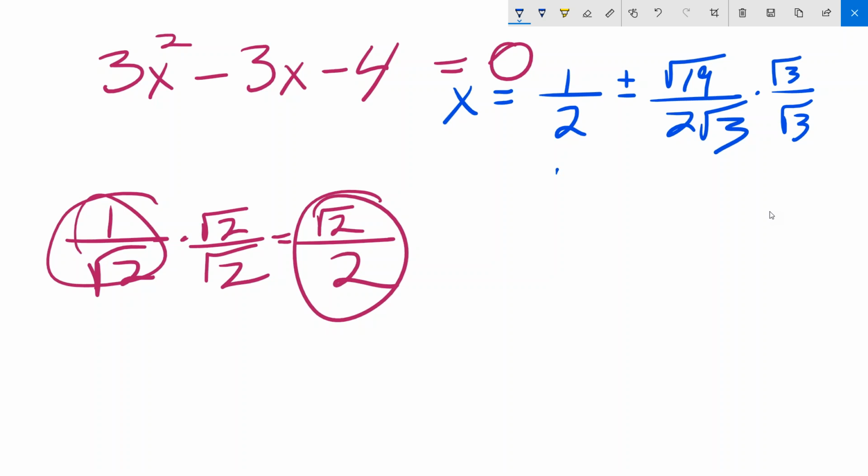What that gives us is root 3 times root 19. 19 times 3 is 57. And the bottom becomes 6.